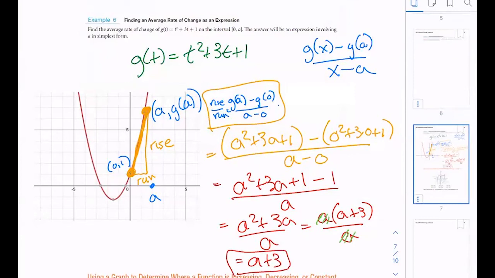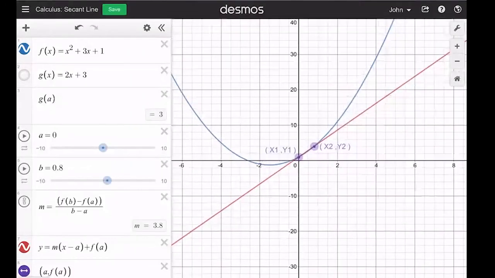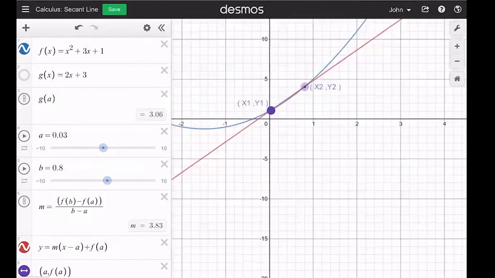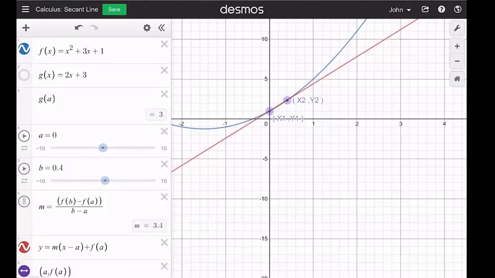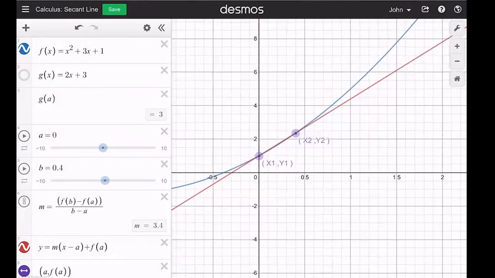That gives us the slope between the point at 0 and the point at a, and it's a plus 3. Let me show you the picture. Now if we look at the graph of x squared plus 3x plus 1 that we were trying, we were looking at what happens when one of the values is 0 and the other one is close by.